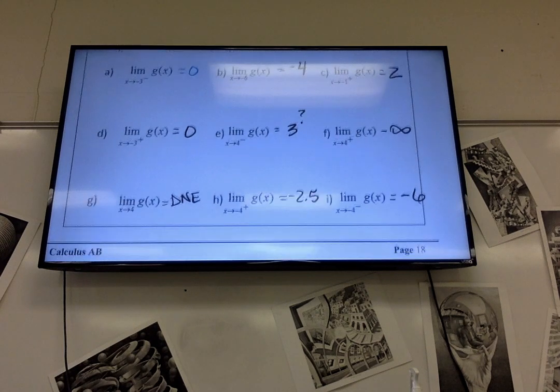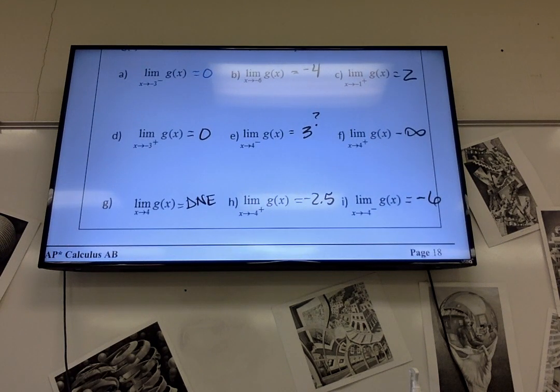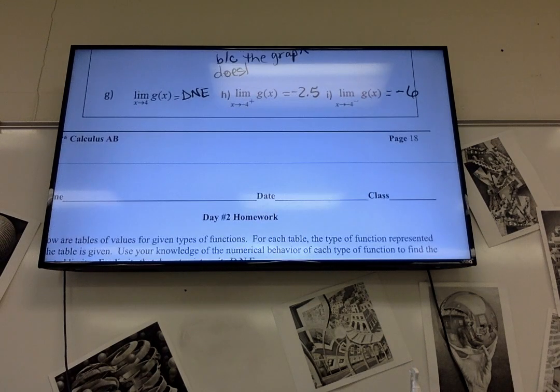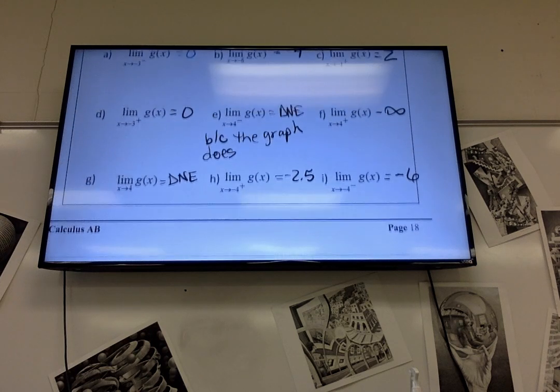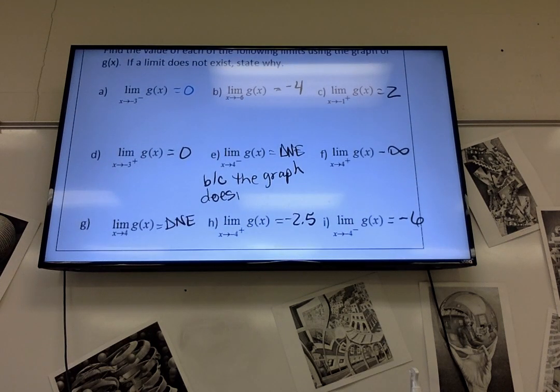Okay, so this one does not exist. And the reason why is because the graph doesn't, oh, forgot the N. Doesn't exist as I approach 4.